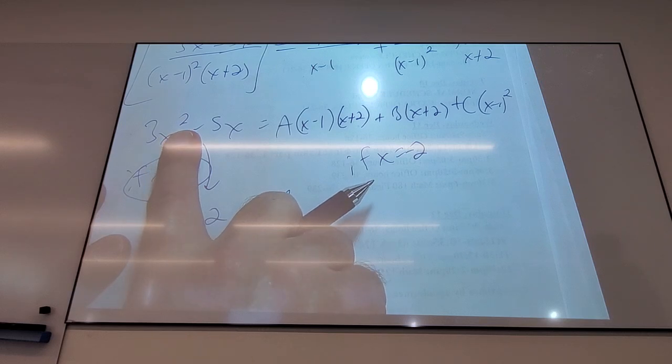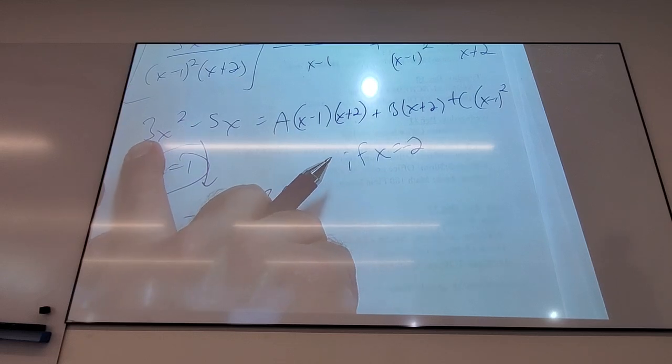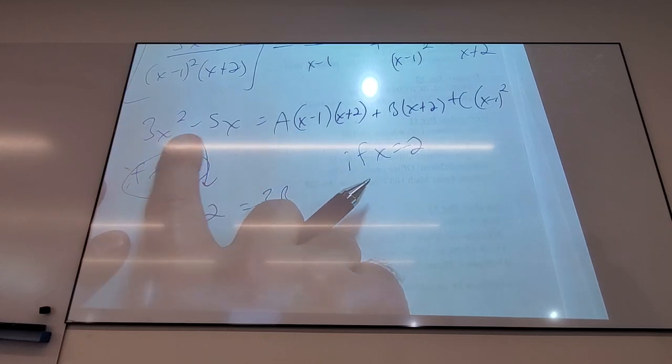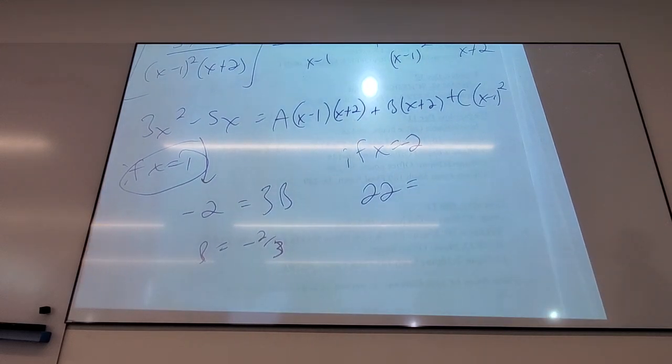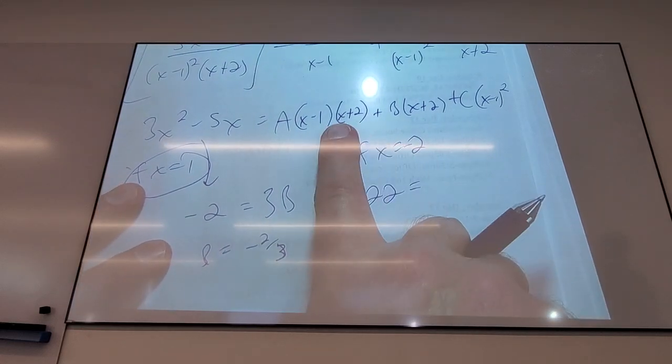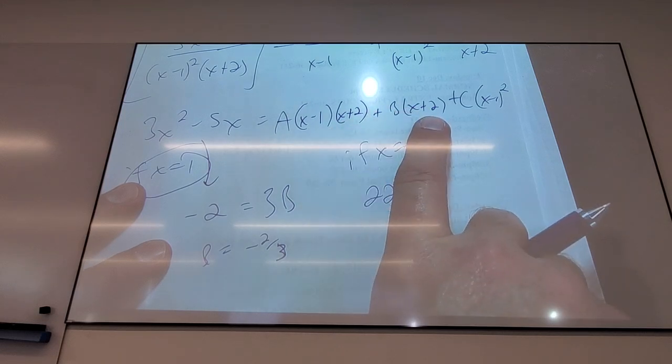Negative 2 squared is 4, times 3 is 12, minus 5 times negative 2, 12 plus 10, plus 22. Why did I pick negative 2? Because it's the other value that makes some of these go to 0.